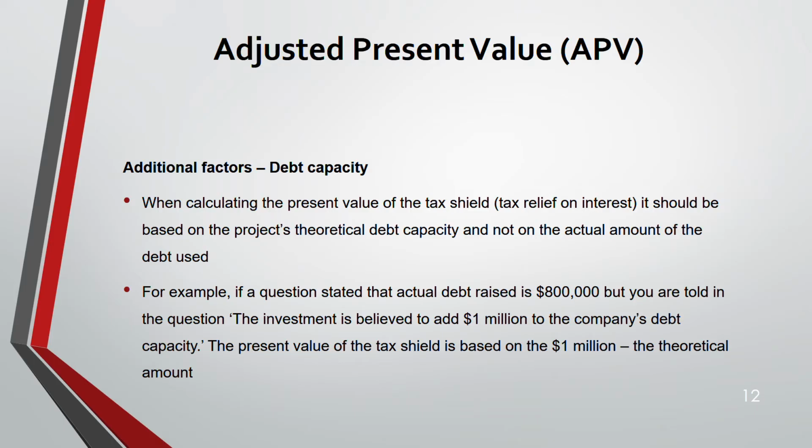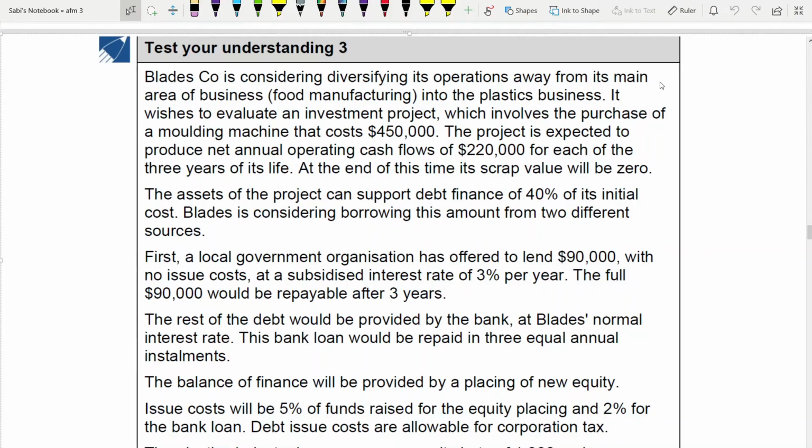Now let's do test your understanding 3, a final question on this lecture that includes everything in a whole APV calculation. This question we are going to do in Excel. Before I do this question in Excel, let me go through the information first, because in Excel this question is not there.